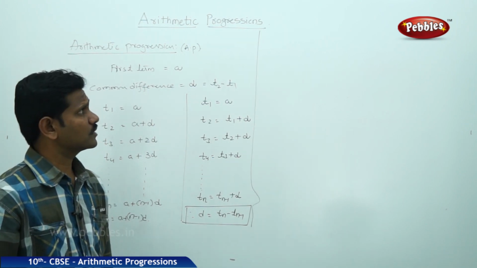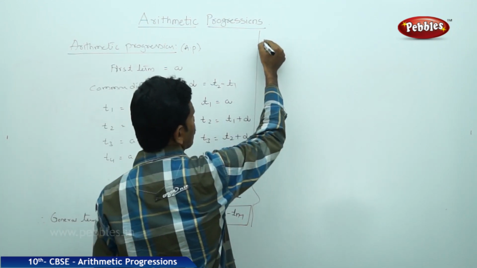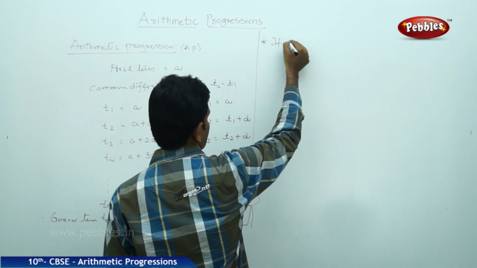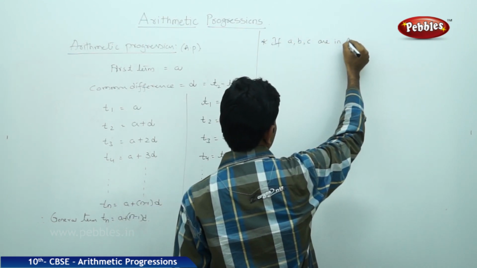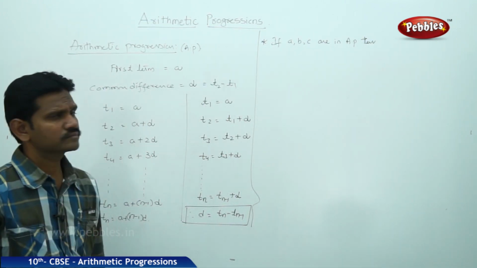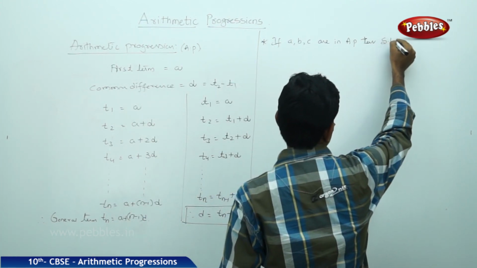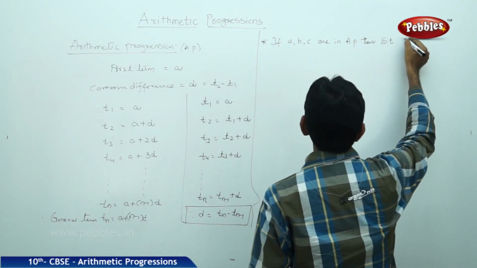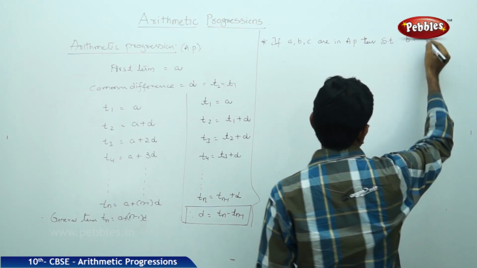See our next formula generation. If A, B, C are in AP, then show that B is equal to A plus C by 2.